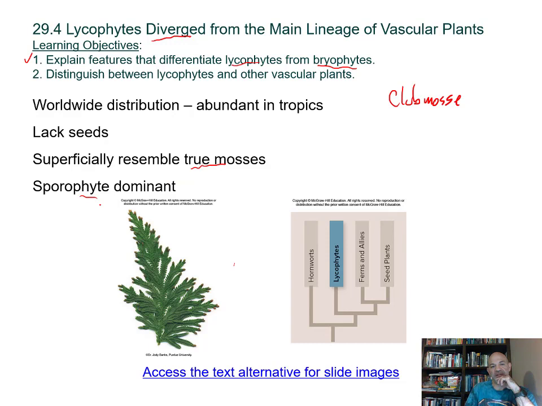And so again, they superficially resemble true mosses. The sporophyte is dominant. That's another difference between true mosses and lycophytes. The lycophytes do produce a gametophyte, and the gametophyte is smaller and photosynthetic. That's different from true mosses, where the gametophyte was dominant.